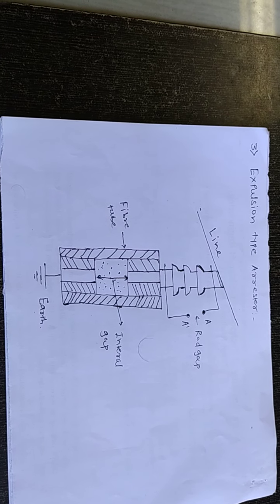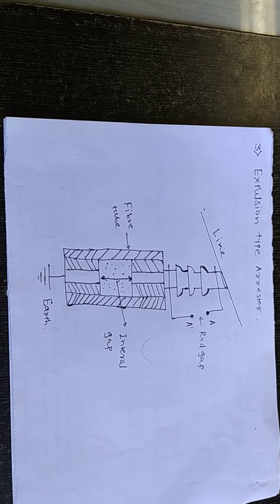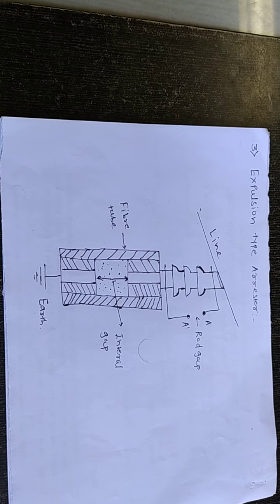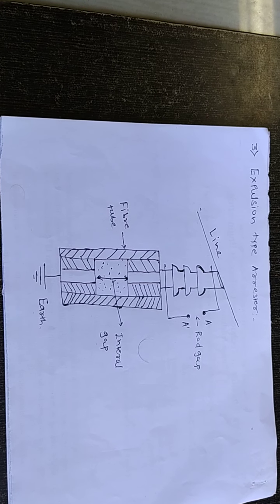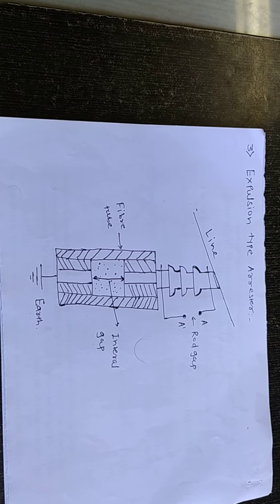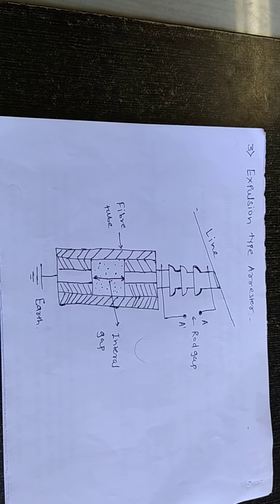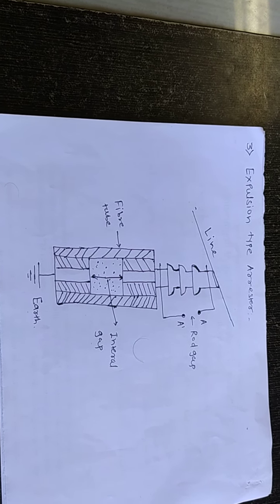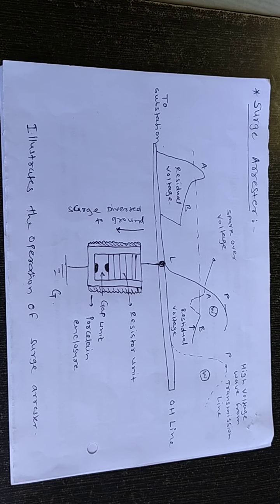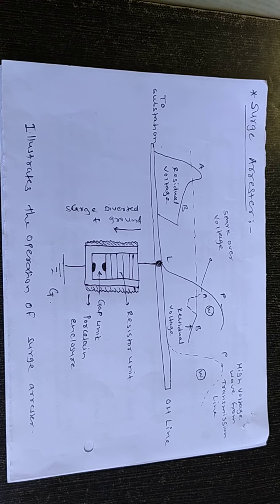It carries away the ionized air around the arc. This deionizing effect is generally so strong that the arc goes out at current zero and will not be re-established again. This is the explosion type arrestor.